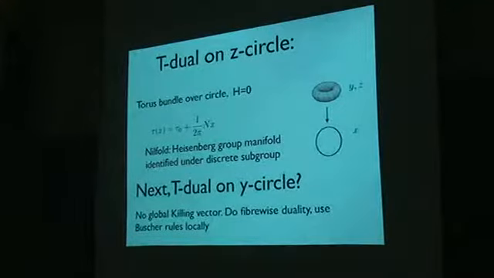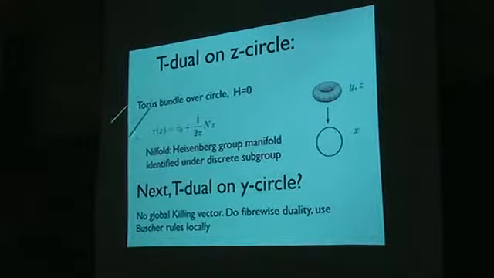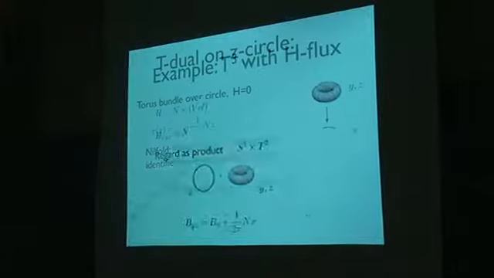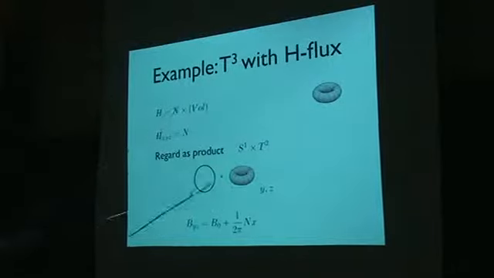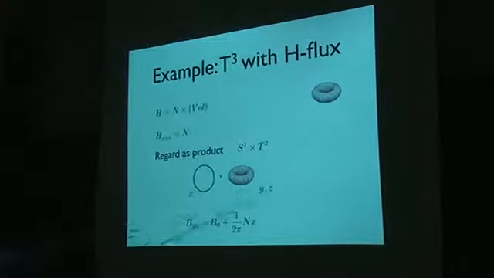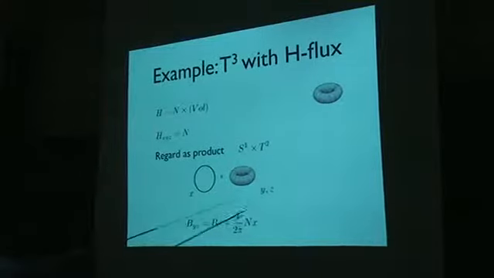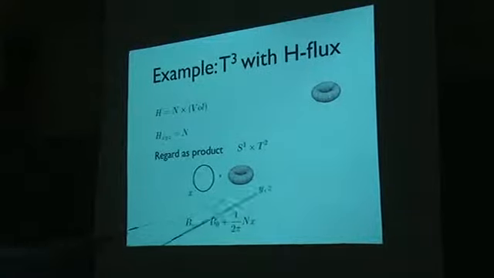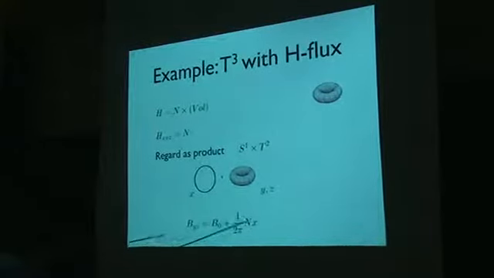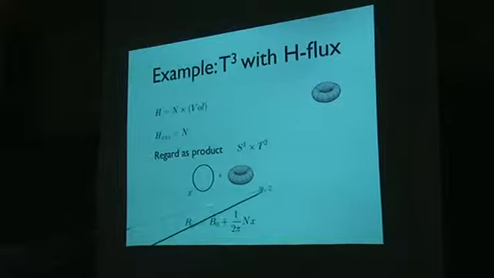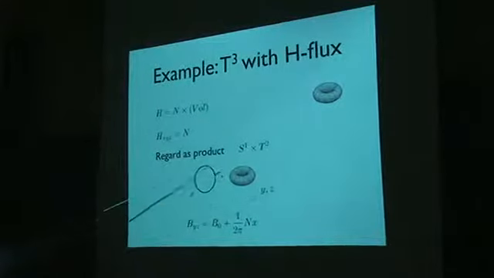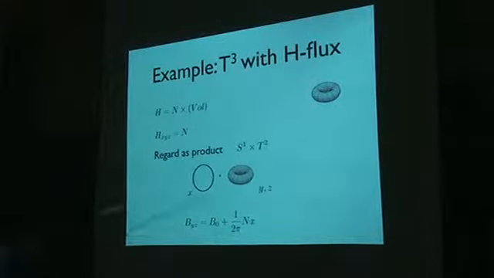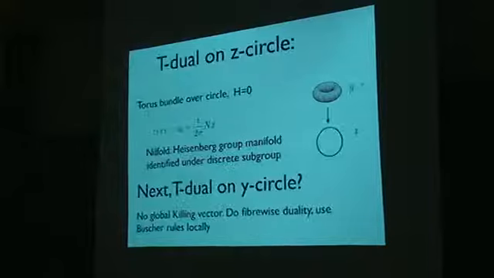So if we take a T-dual of this on the z circle, so we've got three circles, we choose one of the circles here, which is one of the coordinates which B doesn't depend on. So that here, shifting z is clearly going to be a symmetry of that setup.